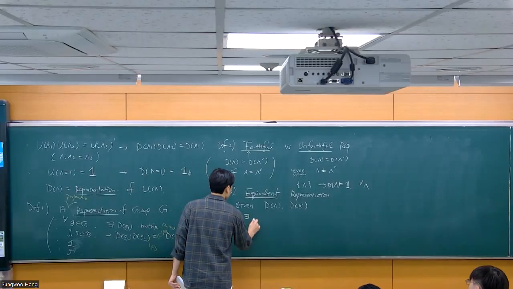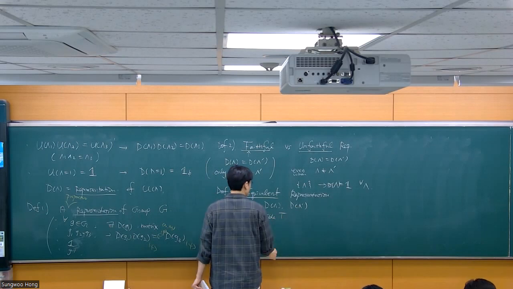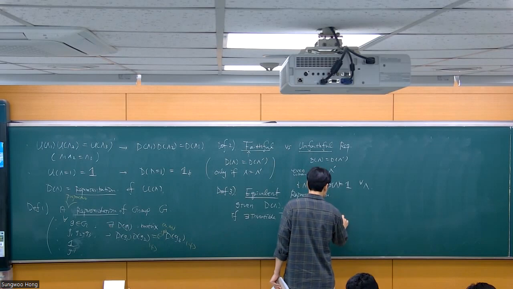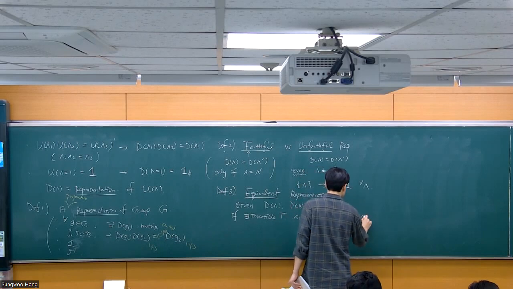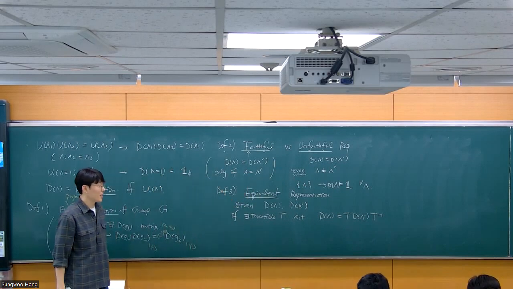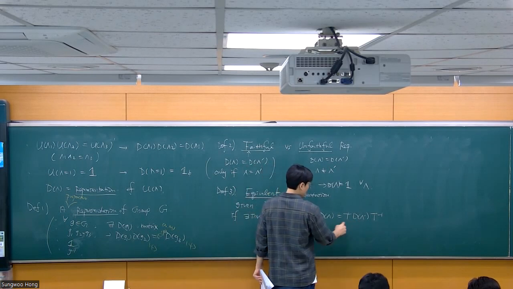If there exists an invertible matrix T such that you can get this relation when given two objects.